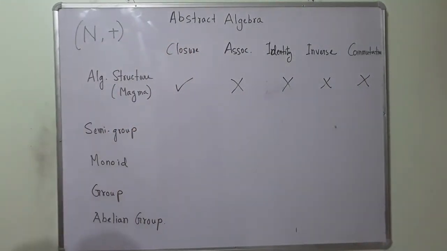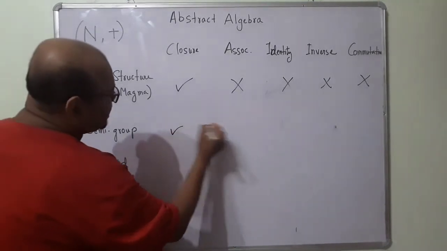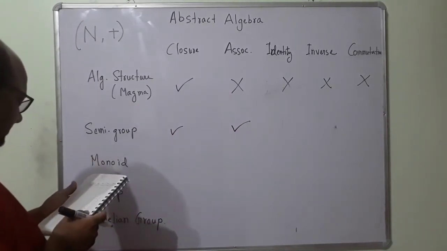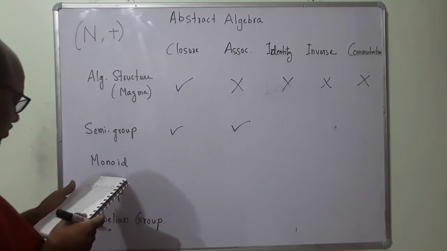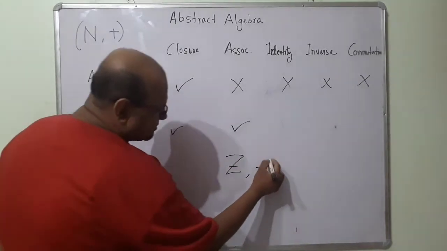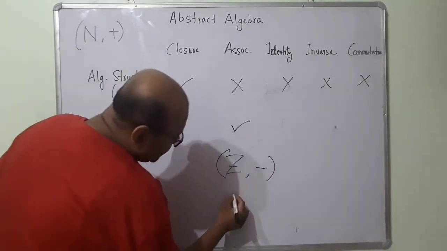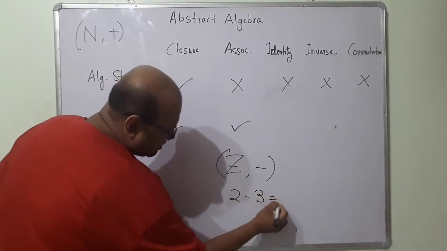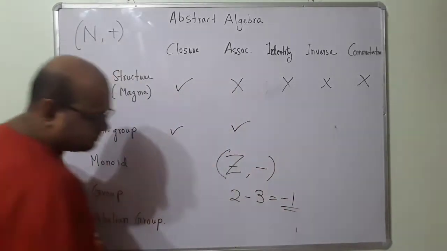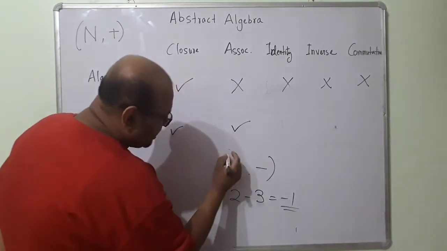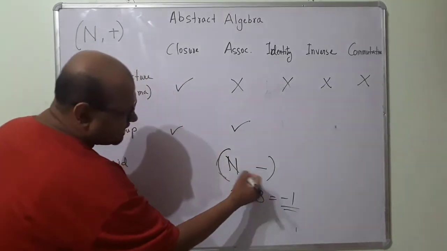Now let us talk about semigroup. To be a semigroup, it has to be closed and it has to be associative. Let me talk about something that is closed. The set of integers and subtraction, is it closed? When I subtract two integers, I will get back an integer. Previously I gave the example of the set of natural numbers and subtraction.